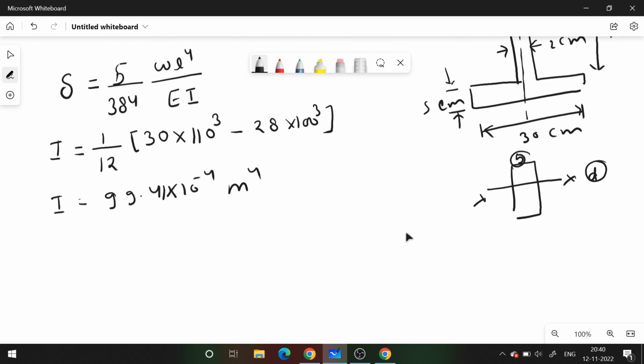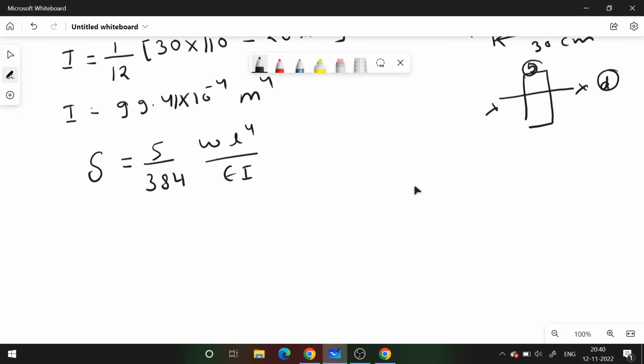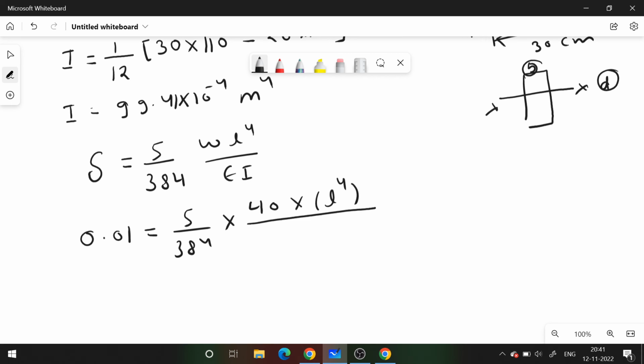Now putting these values in the equation of deflection, delta will be equal to 5 upon 384 WL to the power 4 upon EI. Deflection is given as 1 centimeter, so 0.01 meter is equal to 5 upon 384 into 40 into L to the power 4, where length has to be determined, and moment of inertia is 99.41 into 10 to the power minus 4.